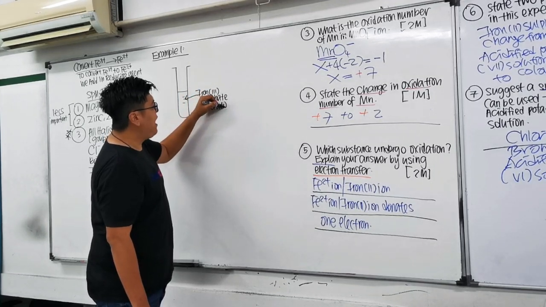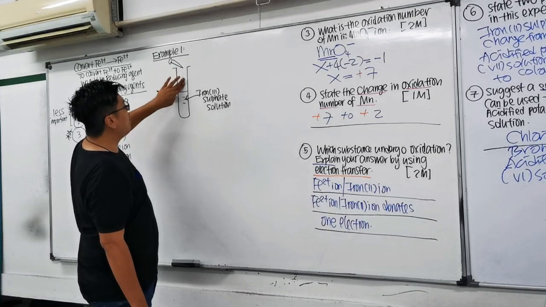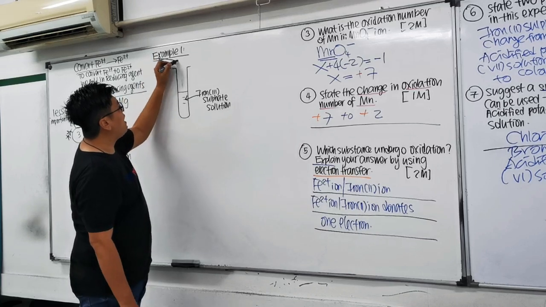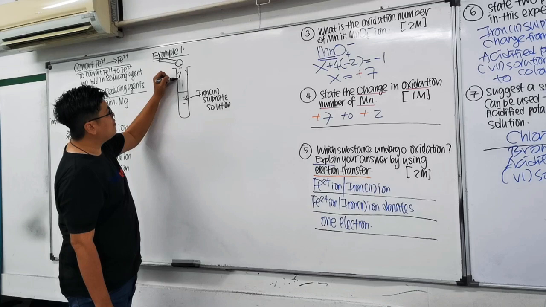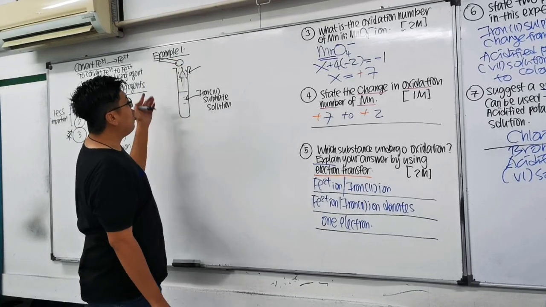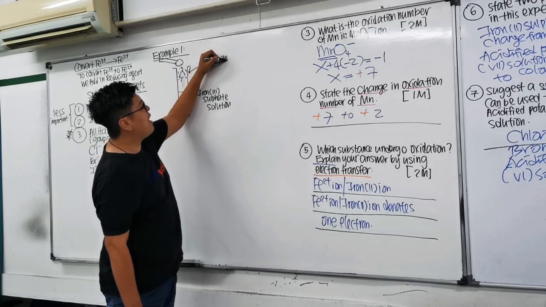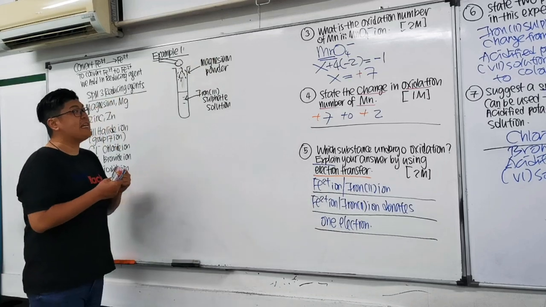I just add in some powder, using a spatula, a spoon, to sprinkle some powder in. This powder is, let's say, magnesium powder. Now, let's do this question together.